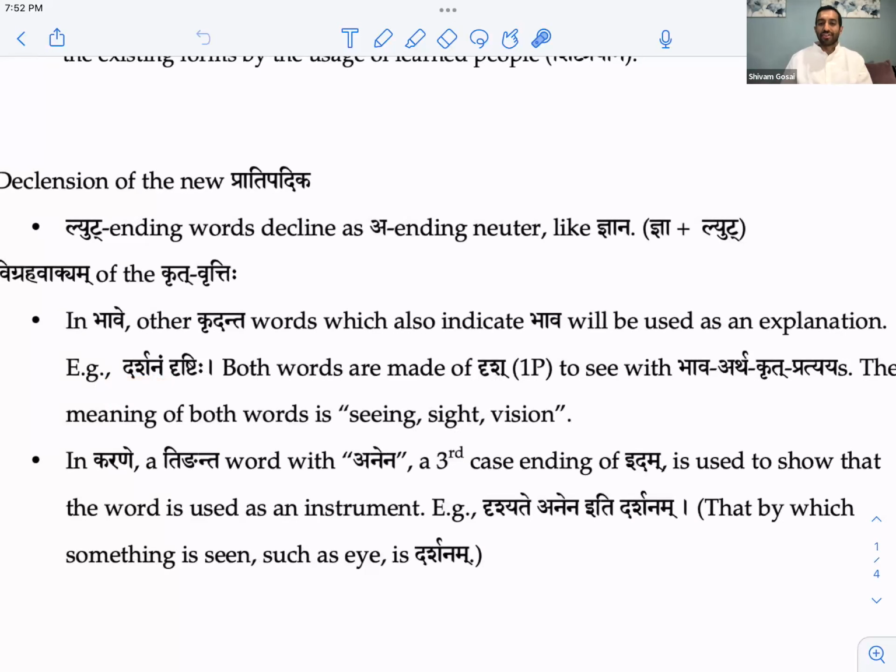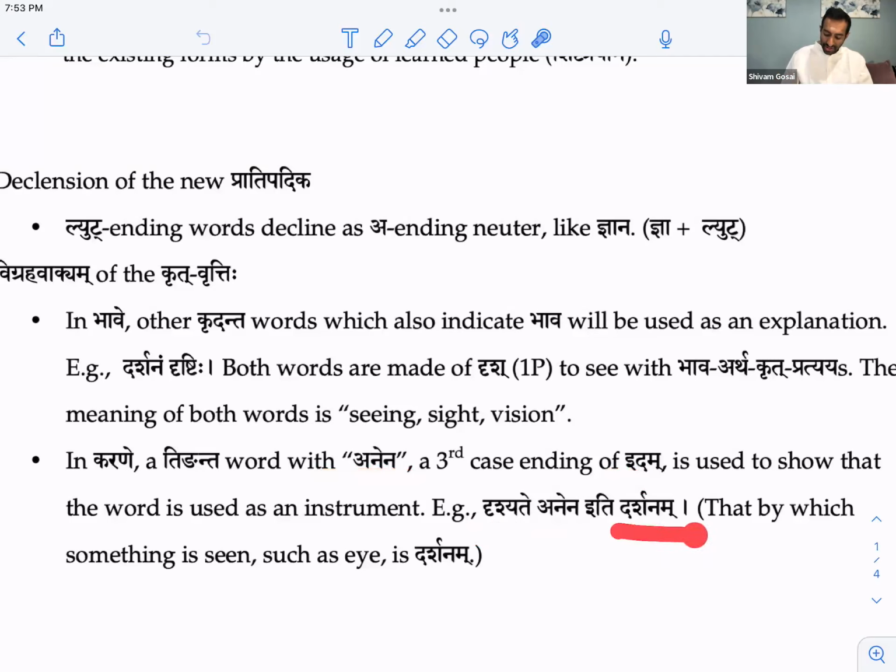So how can the author say the instrument of seeing? What they do is they take the tinganta word, they use the same dhatu and make it into a tingantam. They add anena, which is a third case ending word of idam.